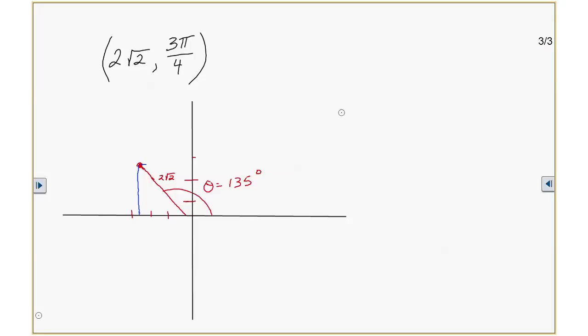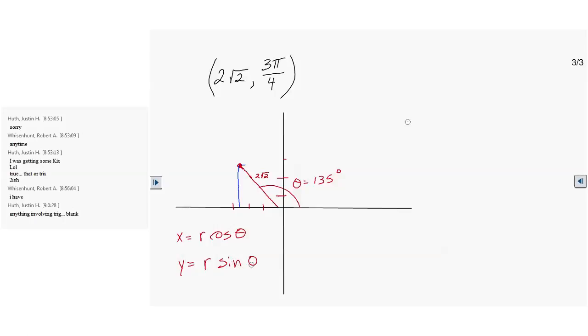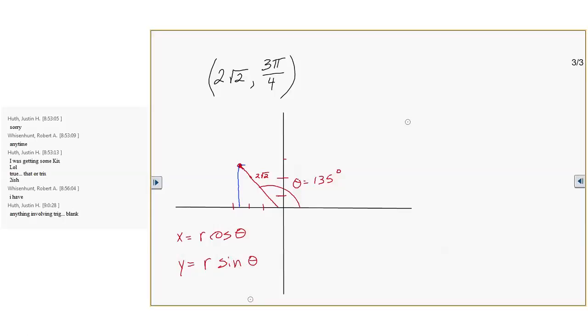Okay, I'm asking the Skype people too. Somebody needs to remember. There's always one person that remembers how to do this. R sine theta, R cosine theta. X is equal to R cosine theta. And Y is equal to what? R sine theta. So you were partly right, Annabelle.